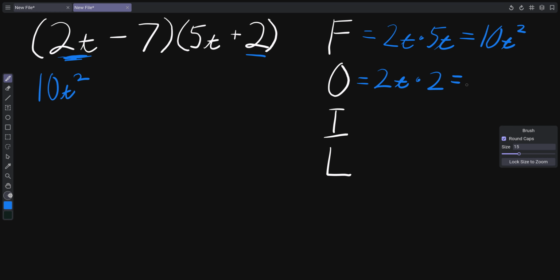That is going to just be 4t. And because that's positive, I'm going to be adding it over here. I'll write 4t. Now we work on our inner terms, which will be -7 and +2.